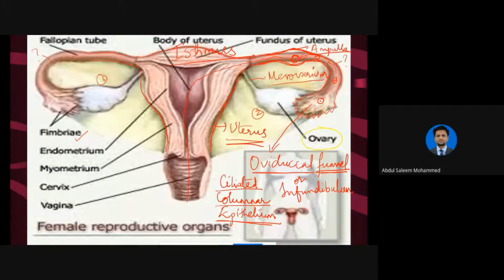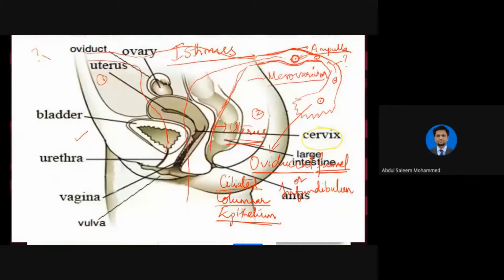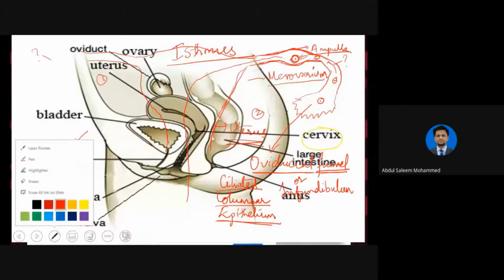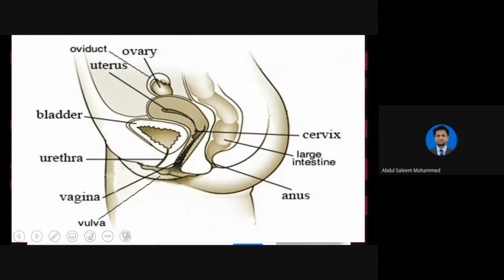Now coming to the important part, that is the uterus. Here we have another picture showing how the parts are arranged. Before going to the uterus, let me tell you where exactly it is present. You have understood about oviducts.